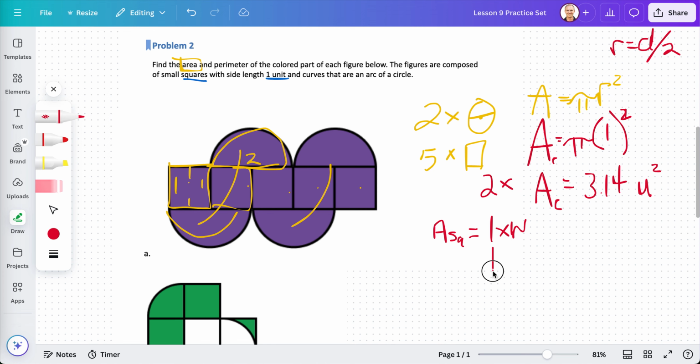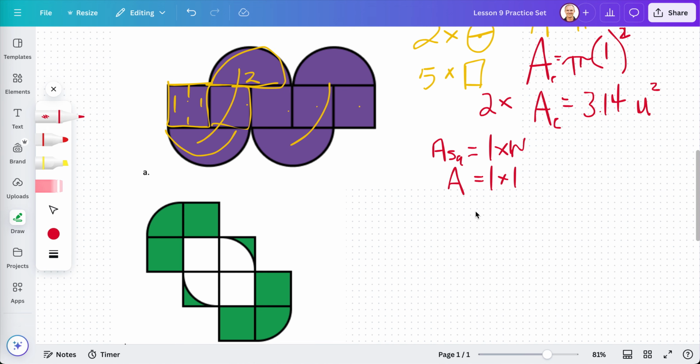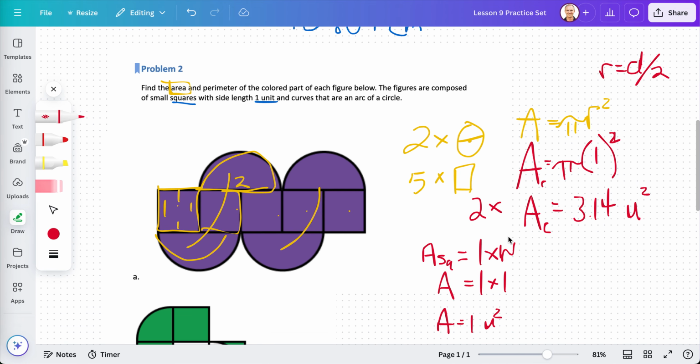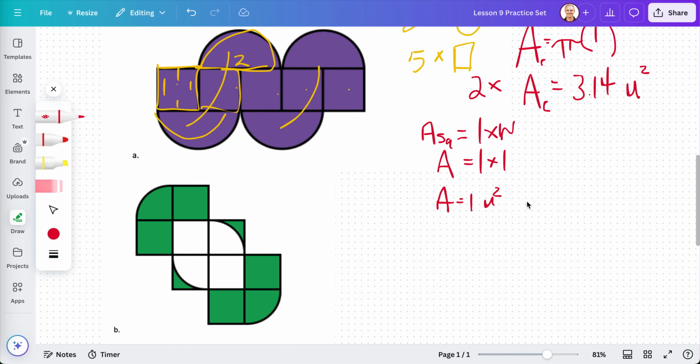And length times width will be 1 times 1. And so each square equals 1 unit squared, right? So we have 1, 2, 3, 4, 5. Five units squared.